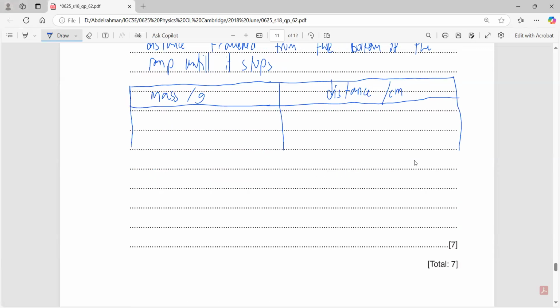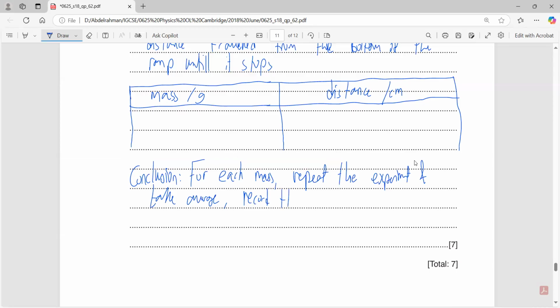Let's go on to the conclusion. We say in the conclusion, first of all, for each mass, repeat the experiment and take average.